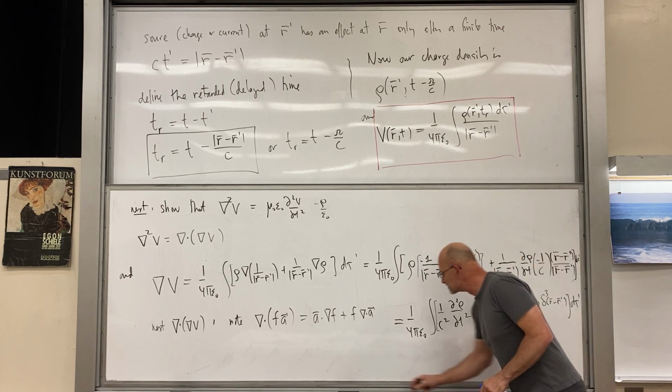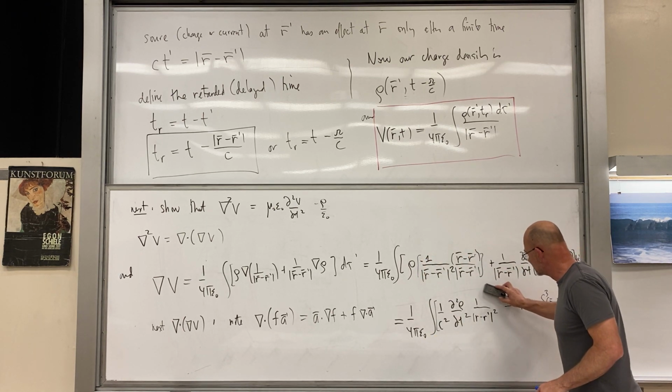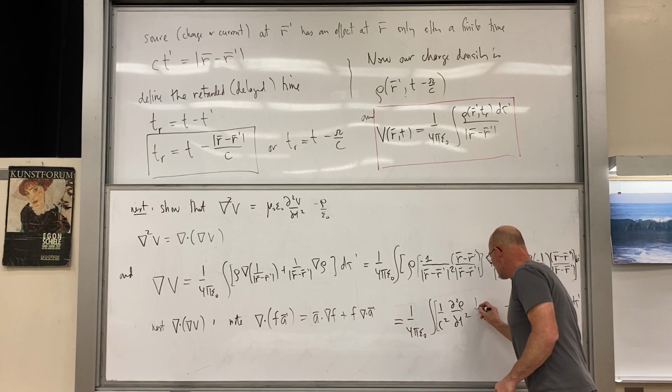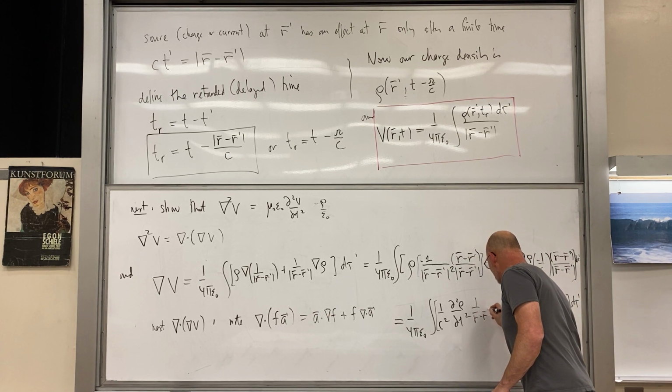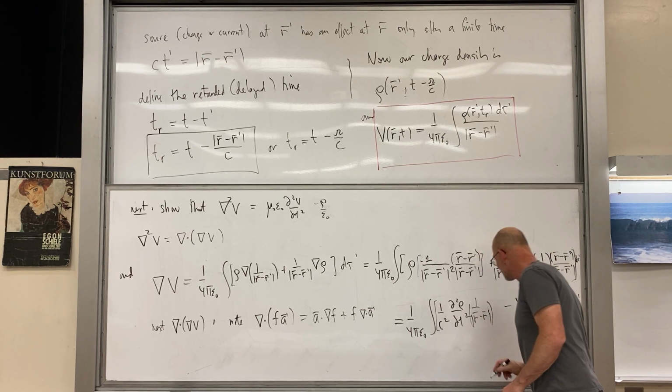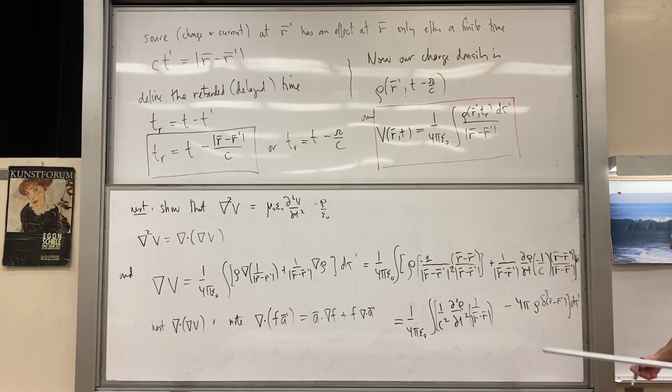Oh, no. It's a little fast. This was the right power. 1 over r minus r prime. Magnitude. Okay, good.